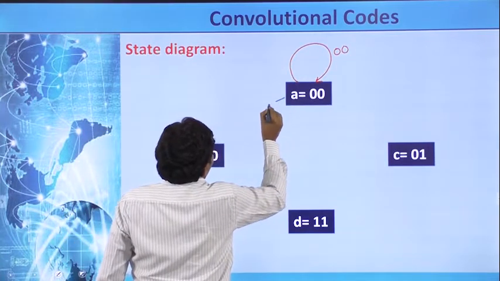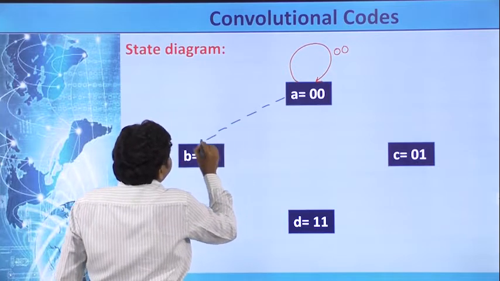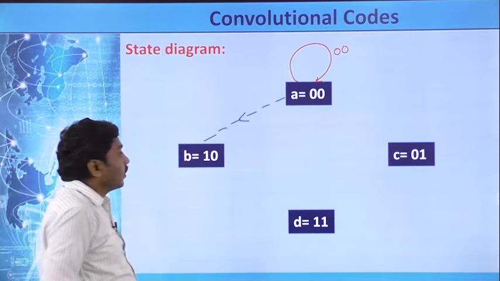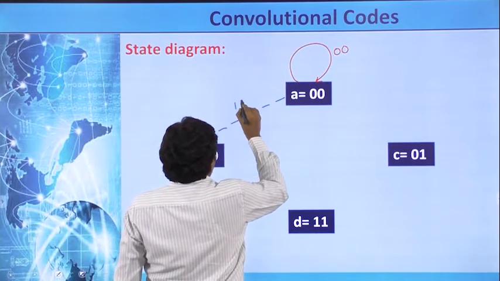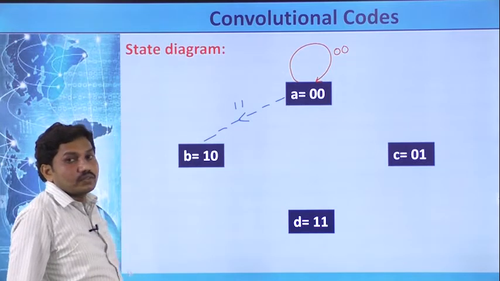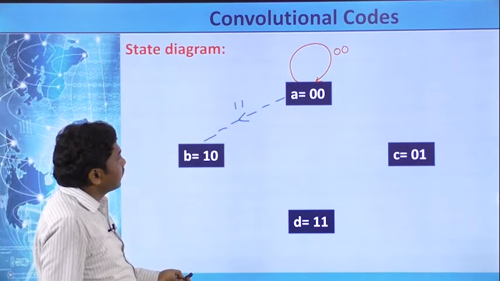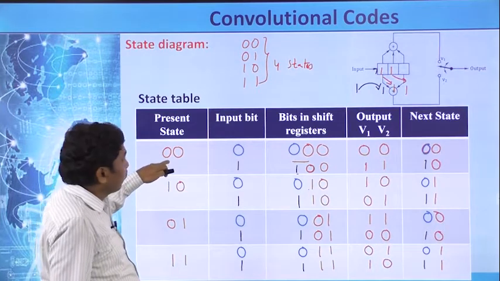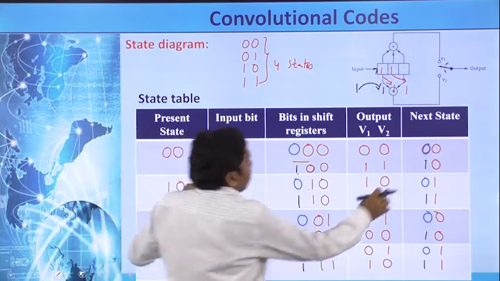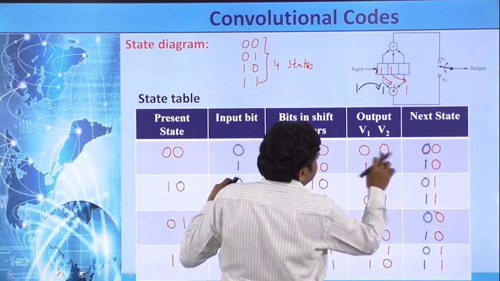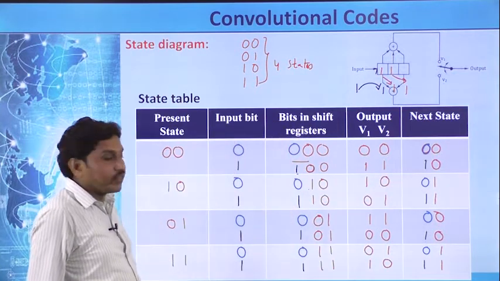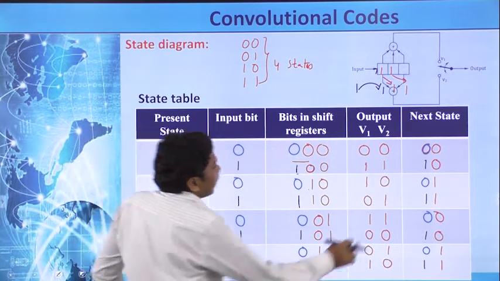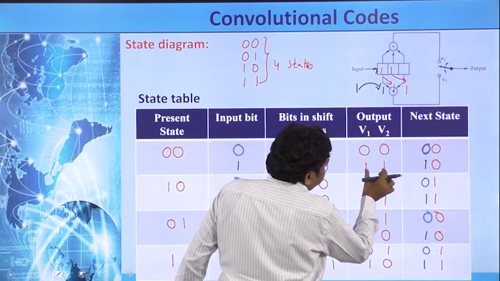When the input is 1, then it moves into the next state, that is 1 0. The output bits are 1 1. Look at the state table. The present state is 0 0. When the input is 0, next state is also 0 0 with the output bits 0 0. Present state is 0 0. When the input is 1, the next state is 1 0 with the output bits 1 1.